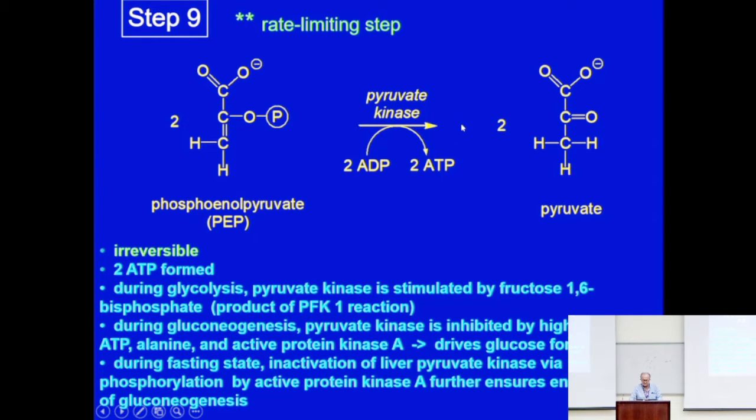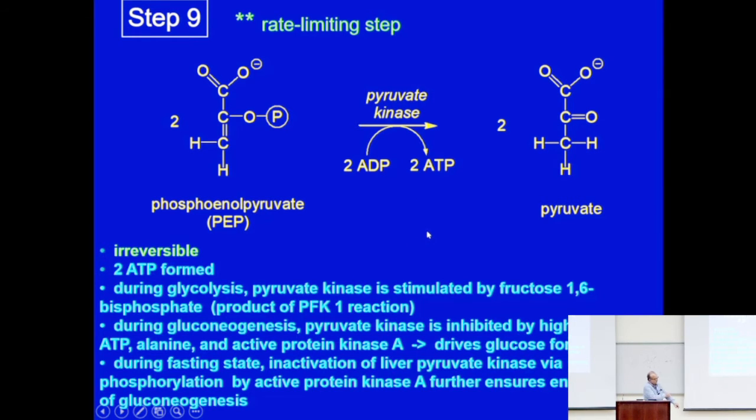So this is important first because it's a rate-limiting enzyme. Second, it produces ATP. So it's both a rate-limiting enzyme and produces ATP, and third, it's going to be regulated by a number of molecules, and 2 of them are allosteric inhibitors, and that's ATP and alanine. Both can inhibit this enzyme.